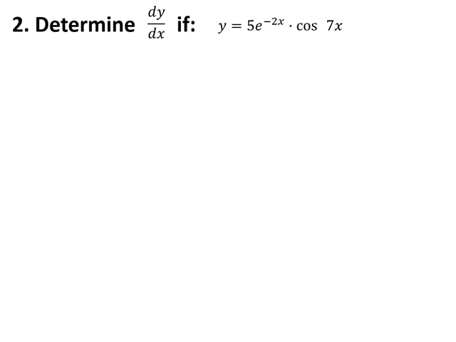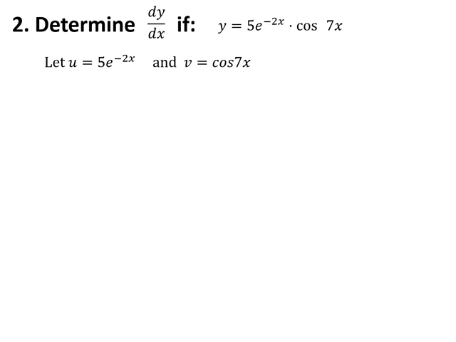So you have to deal with this negative exponent. Our u will be the first function, 5e exponent negative 2x, and the v is cos of 7x.